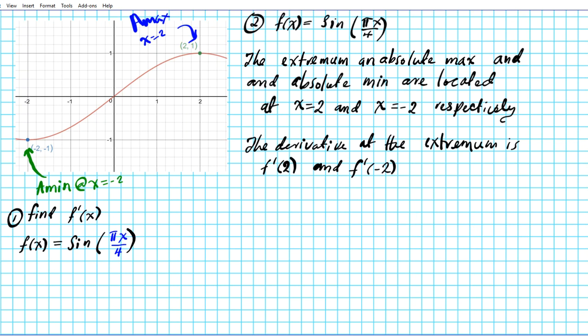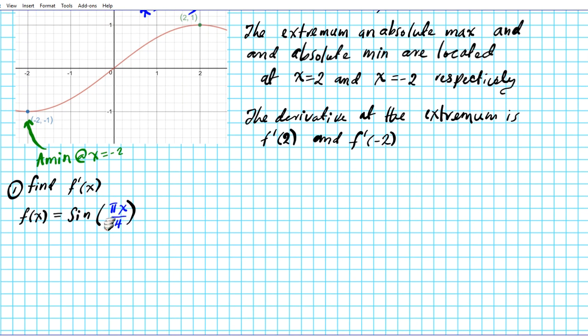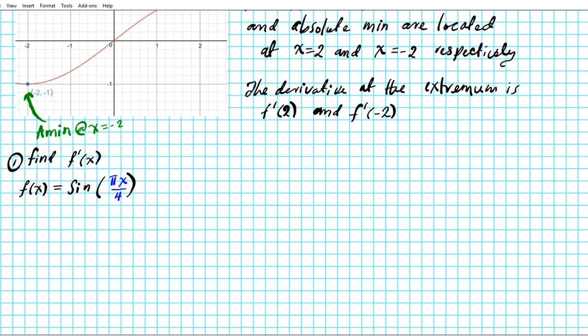How do we know to use the chain rule? We're using the chain rule because we have a composite function. We have an outer function, a trig function, and a linear function, a linear monomial as the inner function. So to differentiate this, we're going to be using the chain rule: derivative of the outer evaluated at the inner times the derivative of the inner.